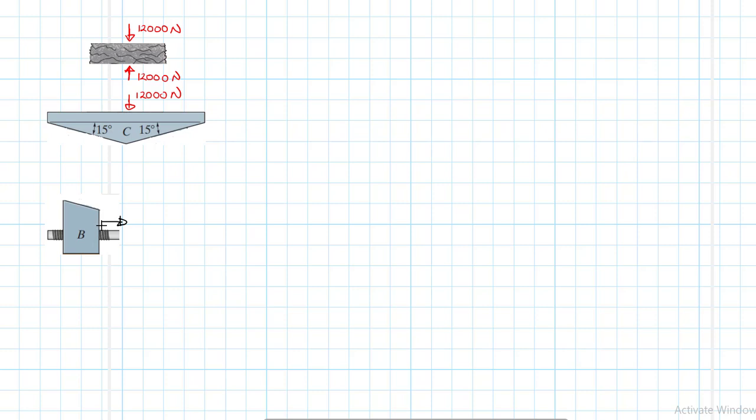As this wedge moves to the right, we expect some friction force here to resist this movement, and we are calling this F. We also expect some normal force that we are calling N. At the bottom of B, we are also going to expect some other reaction force in this manner, because they are both resisting this motion to the right.